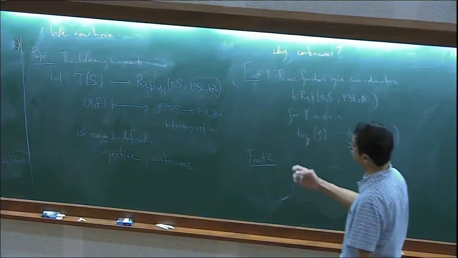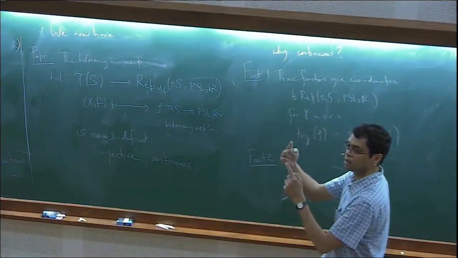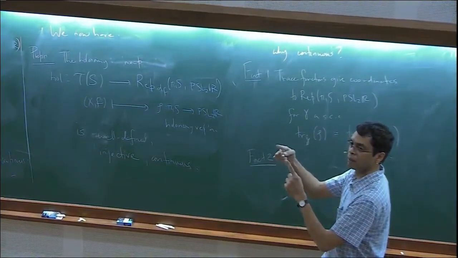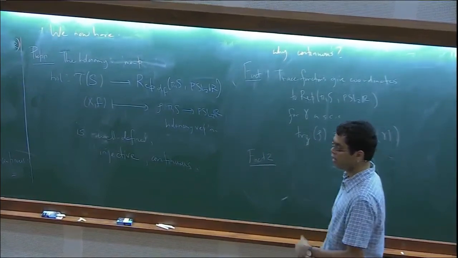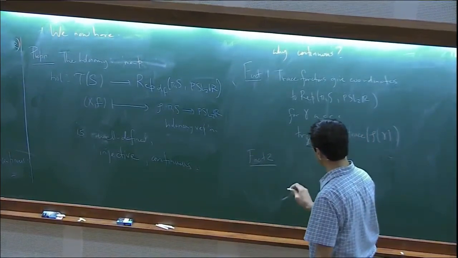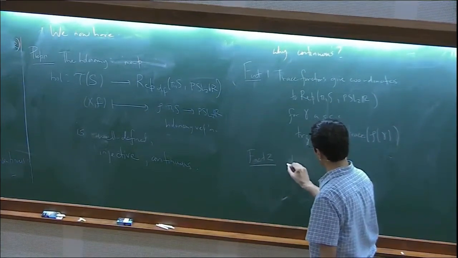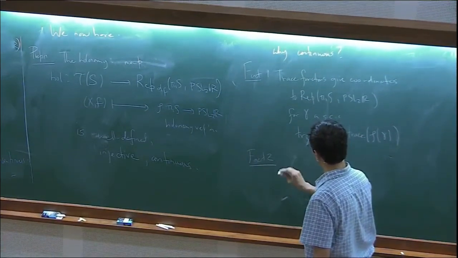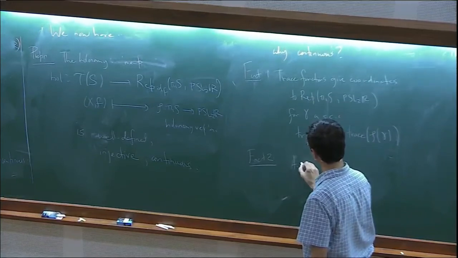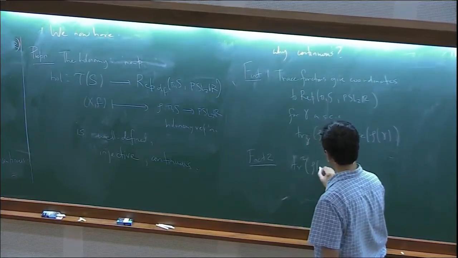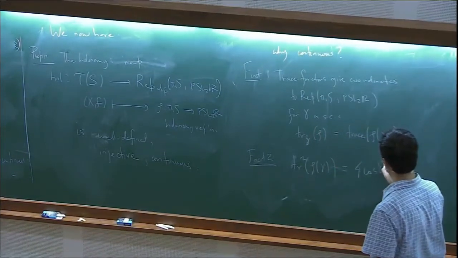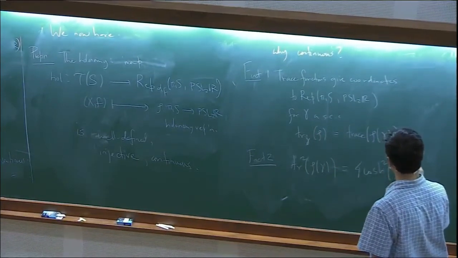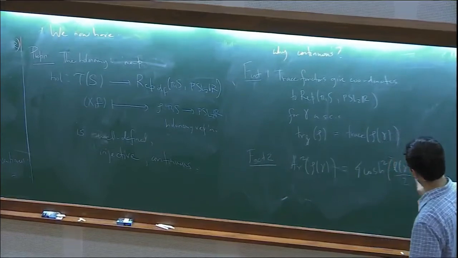Remember that when you started with a single hyperbolic element, lambda, 0, lambda inverse, we knew we get a closed geodesic of a certain length. So the trace and the lengths have a relation, and I don't quite remember what it is, but I think it's something like trace squared of rho of gamma is perhaps 4 times the square of the, something like this. Let me just check this.